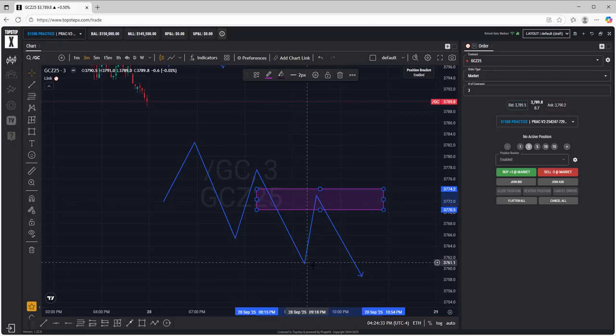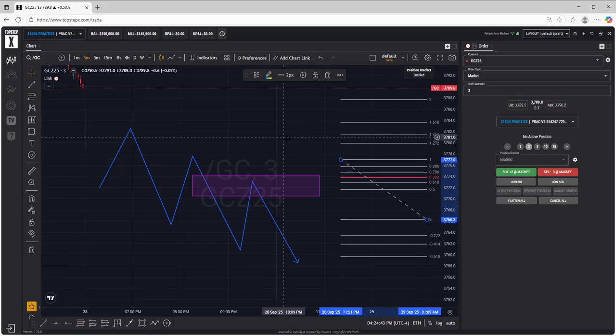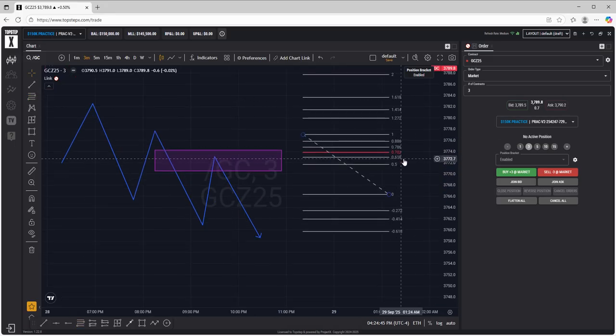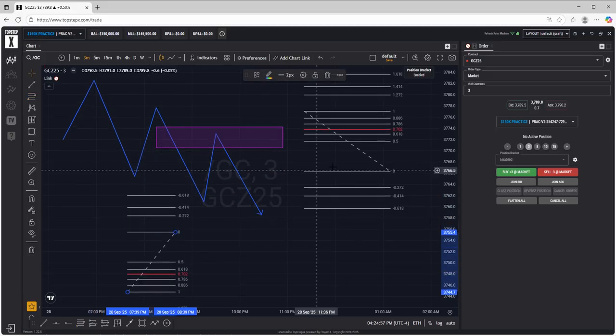You want your price to pull back into those zones, and this zone is the 618 to the 886. For sales, it's the same as for buys. It's going to look upside down. This is for buys. Let me move this out the way.